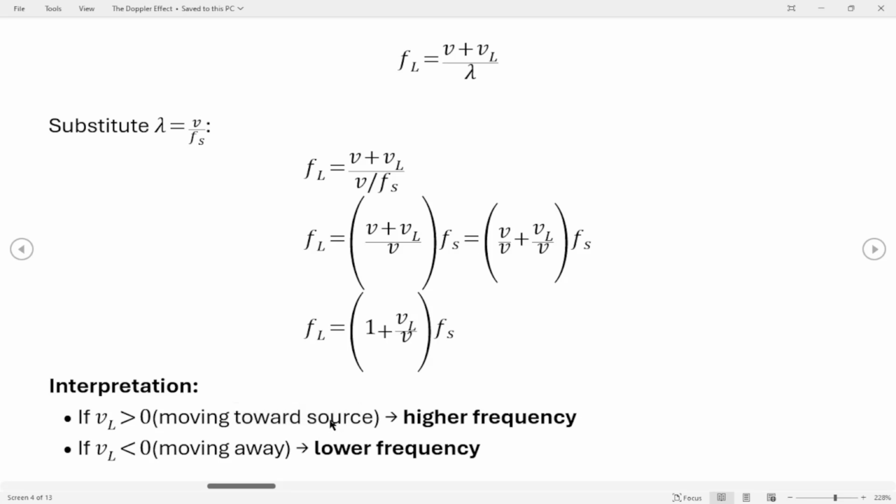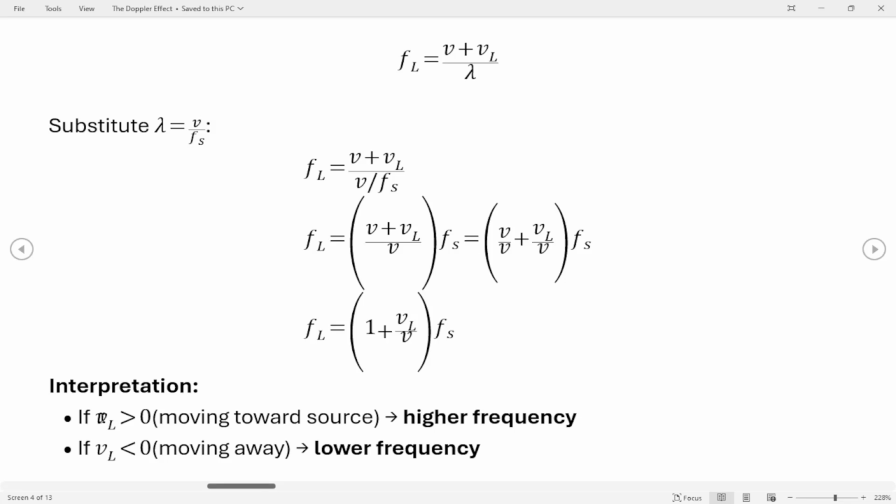Now, if that's the case, take note that the sound wave is traveling from the source to the different points of the surrounding in a circular manner.